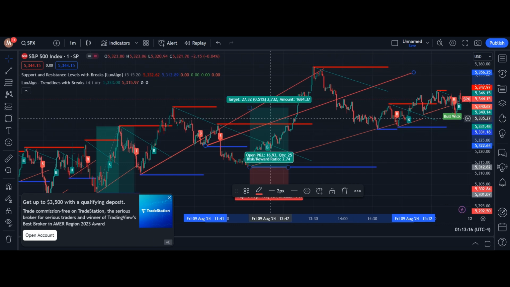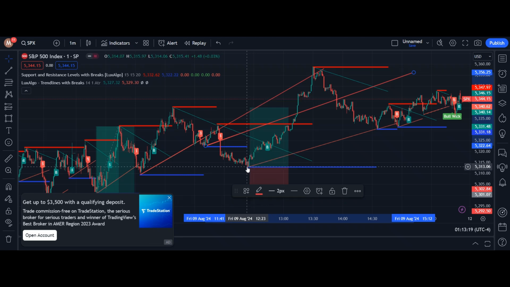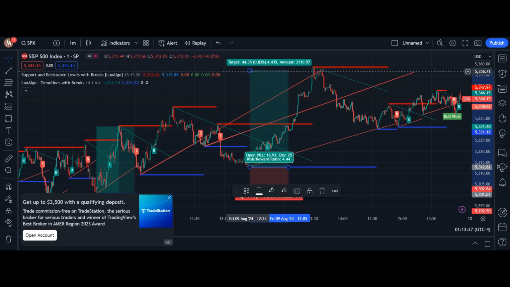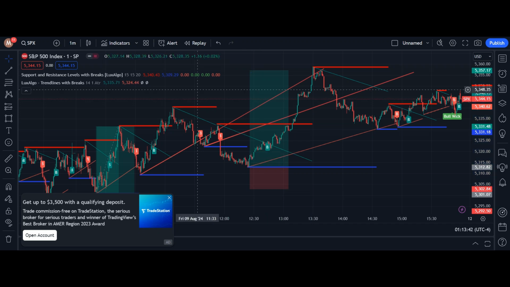I would basically just follow the trend. So we're here, and I would follow this line right here, and then I'll put my take profit up here, increasing it to whatever that level is. As you can see, it brings it to a 1-to-4 ratio, and that is how you use support and resistance lines, and also add in trend lines to place your take profit and your stop loss.